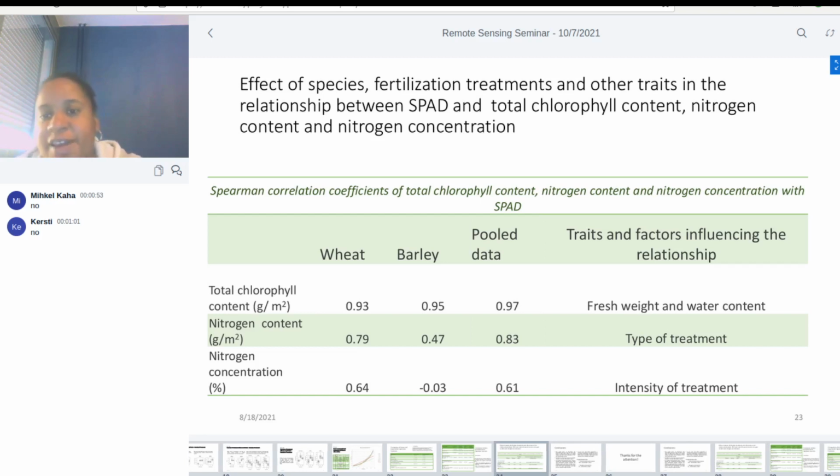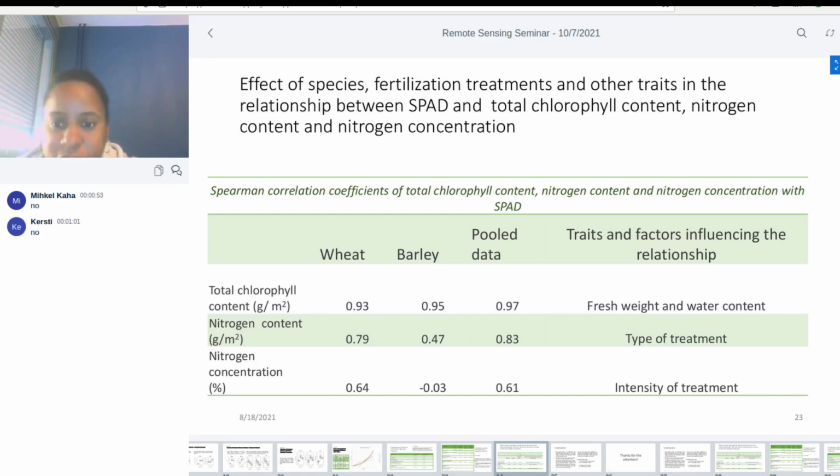So finally, we have the effect of fertilization and other traits in the relationship between SPAD and total chlorophyll content, nitrogen content and nitrogen concentration. And for this, we use the Spearman correlation coefficient as an indicator of the relationship between these parameters.